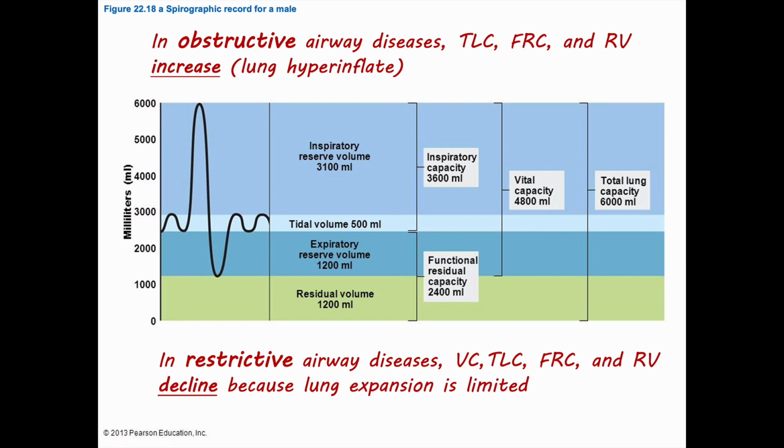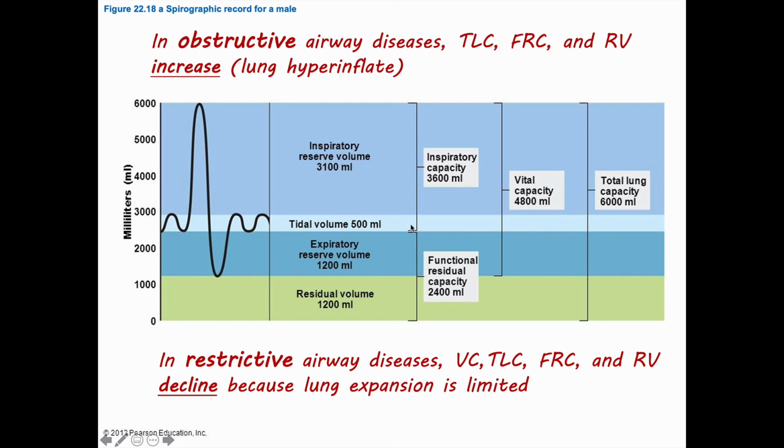The tidal volume is the amount of air going in and coming out during normal respiration, that is 500 ml. Inspiratory reserve volume is the amount of air you are able to inspire over and above the tidal volume.